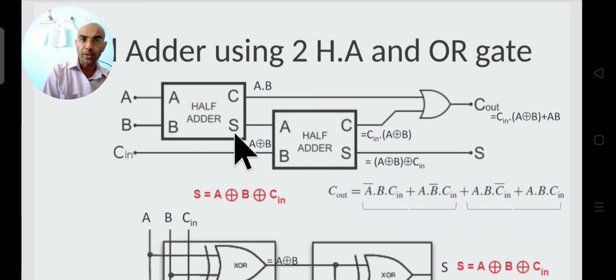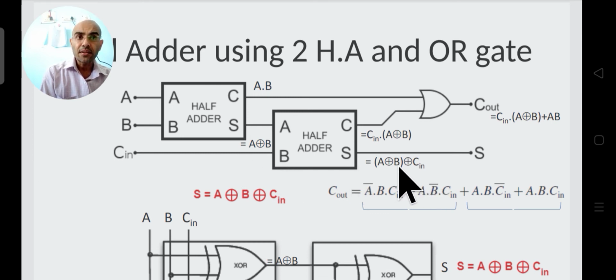So you see here, if we implement this and XOR it with this carry in, then again we are going to get the sum, A XOR B XOR carry in, because although this input is written here as A, it will be A XOR B. So the input to this will be A XOR B, and the other input to the half adder is carry in.